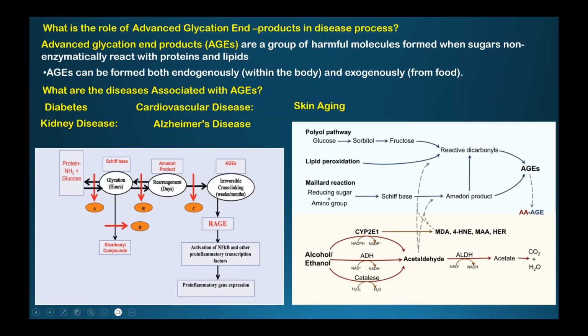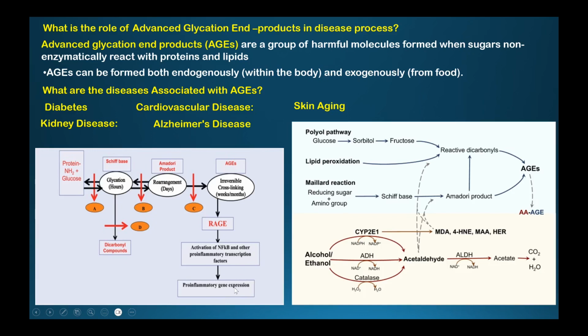That is why in diabetics it takes a number of years to finally form these complications, and that affects what are called the receptors for advanced glycation end products, with activation of nuclear factor kappa B and other pro-inflammatory transcription factors, and the gene expression happening.